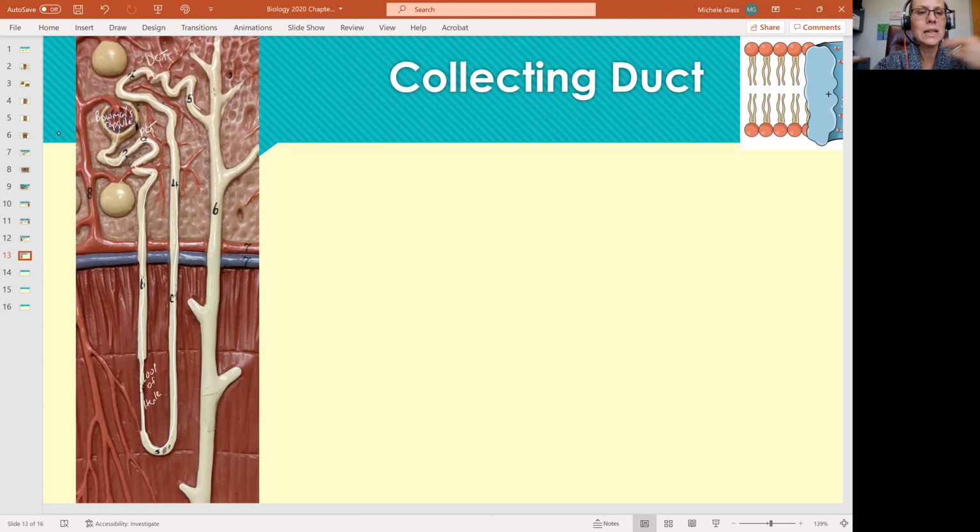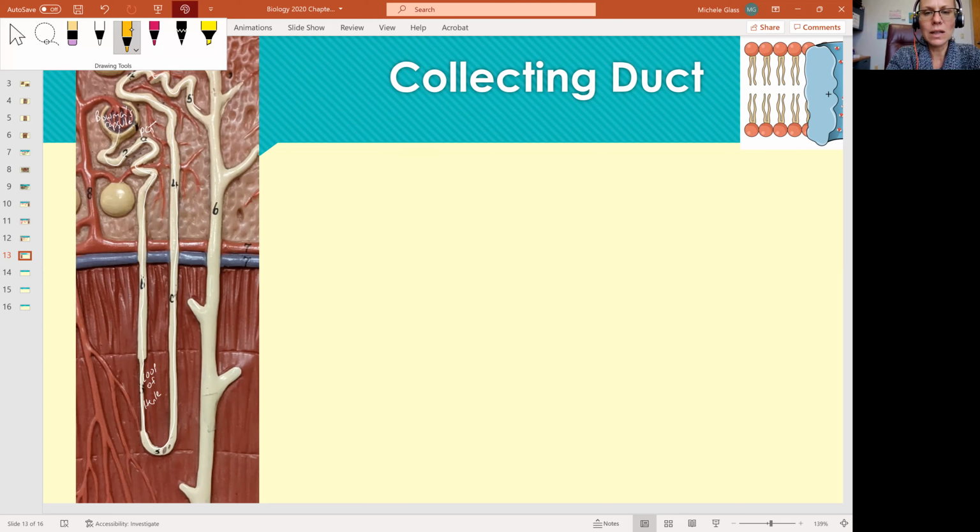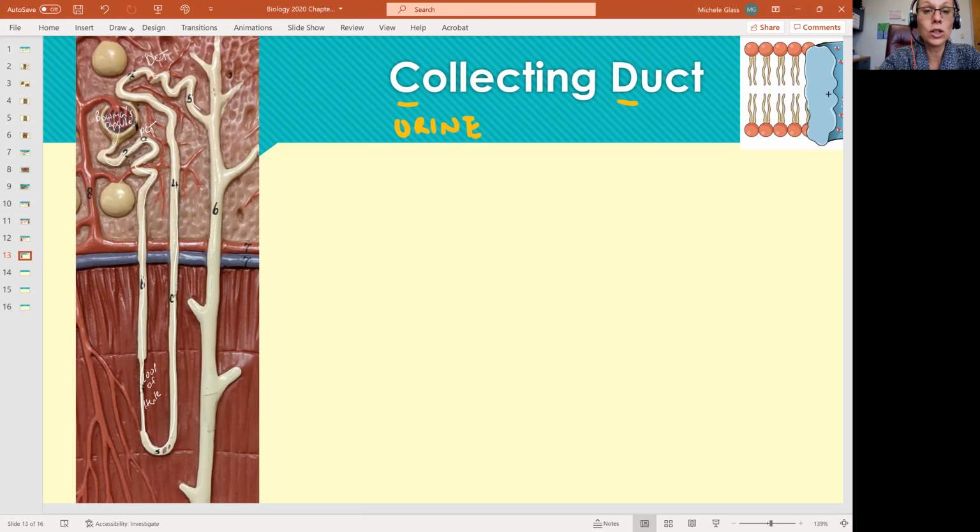And now we're ready to move into the collecting duct. And so the collecting duct, this is when we are going to call our fluid urine. And we see that multiple DCT, distal convoluted tubules, are feeding into this collecting duct.